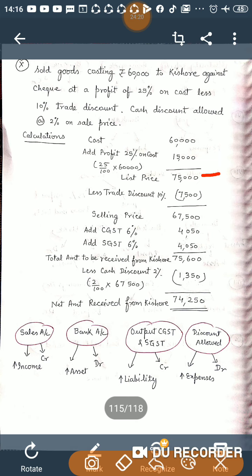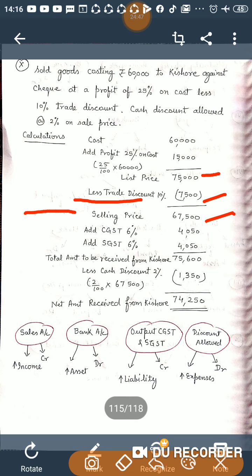On this price we are offering to Kishore. So at the time of offering these goods to Kishore, we have also allowed trade discount, so we will deduct the trade discount 10%. 10% of the 75,000 is 7,500, so remaining balance is 67,500. This is the selling price which we are allowing to Kishore.